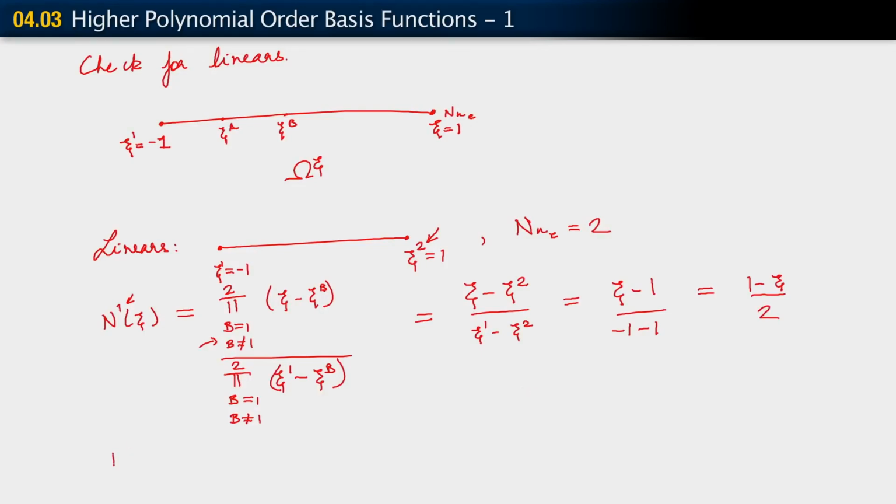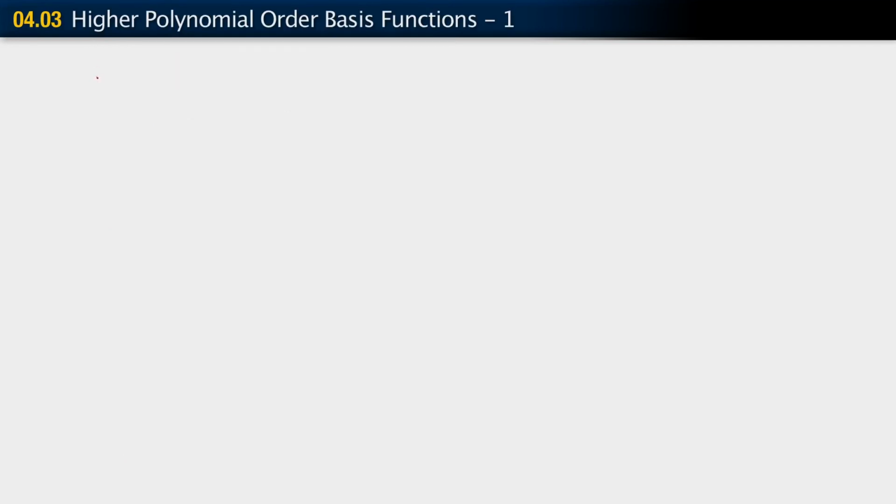Taking the same sort of approach, what you will find is that N2(ξ) equals the product. Probably don't have quite enough room here, so let me go to the next slide. N2(ξ) equals the product B equals 1 to 2, now B not equal to 2.